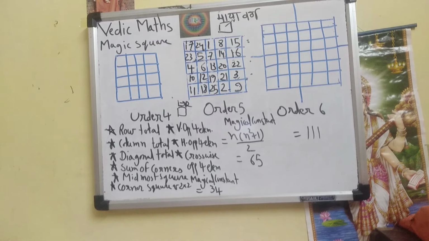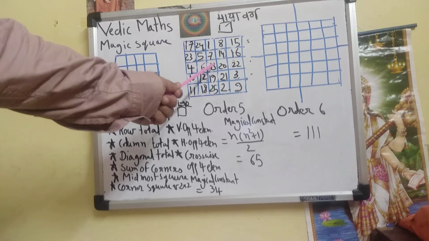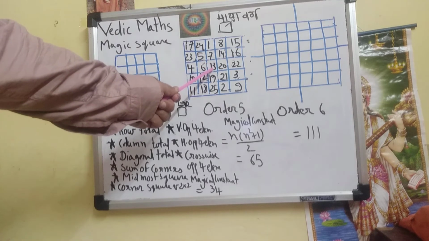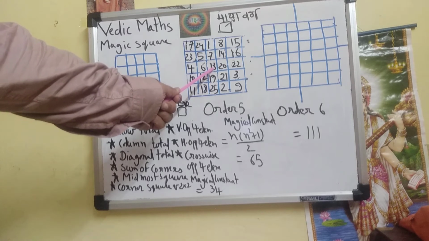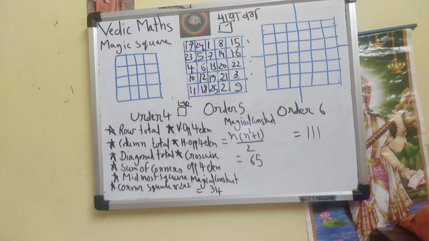Or directly, by mere inspection you can find that this midmost cell is 13. The midmost cell entry is multiplied by the order of the magic square, 13 into 5, which is equal to 65.